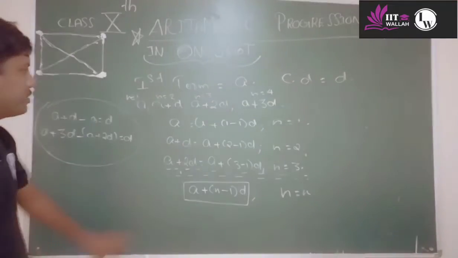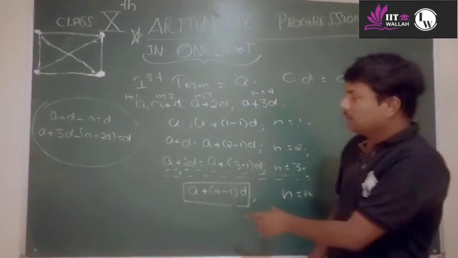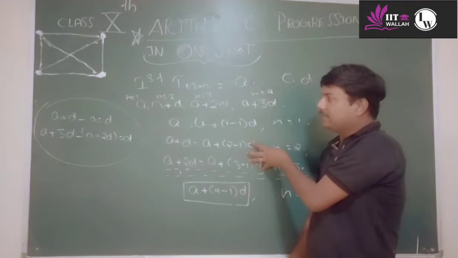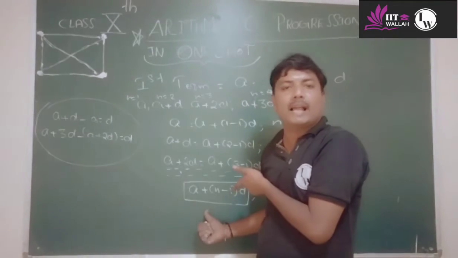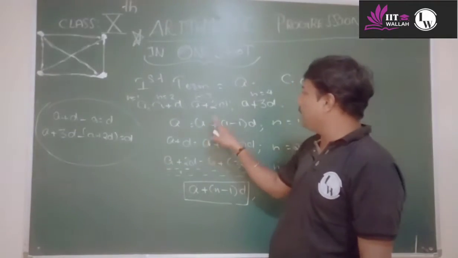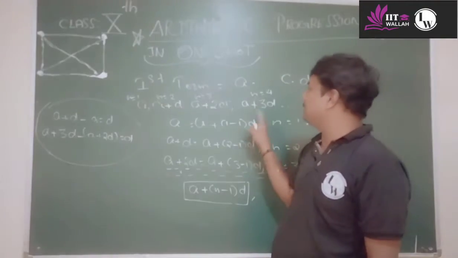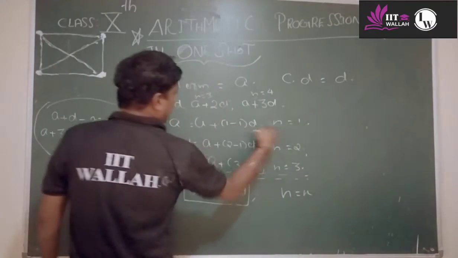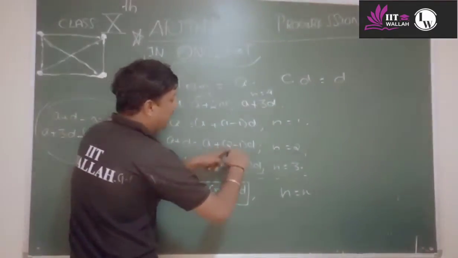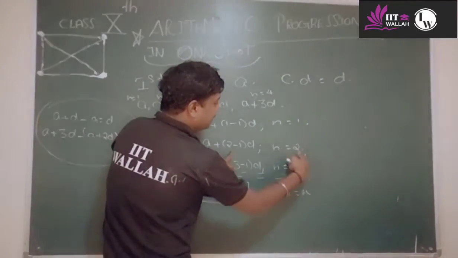Okay? I showed you how it is coming. Actually, these steps you just want to understand. In the exam, they will not ask how the formula is coming. You just want to understand. The first term A is nothing but A plus 1 minus 1 into D. That means A plus n minus 1 into D, n is 1. Here A plus 2 minus 1 into D, as n is equal to 2.